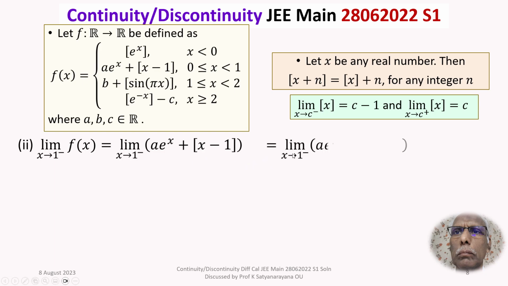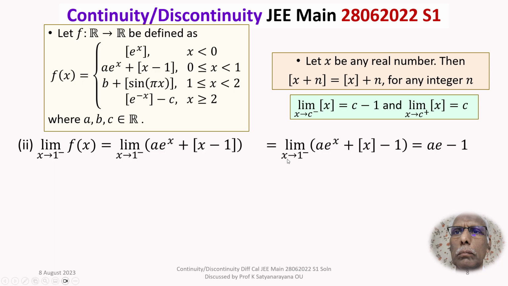Now this is the limit as x tends to 1 minus of a e^x plus [x - 1], which is [x] - 1. So use this. We have already seen that one. Now take the limit. The limit as x tends to 1 minus of a e^x is a e^1 only, because it's a continuous function, simply replace x by 1.